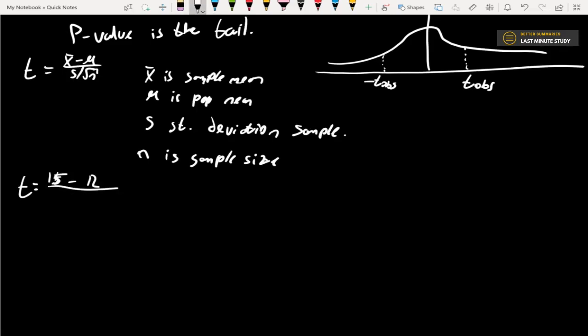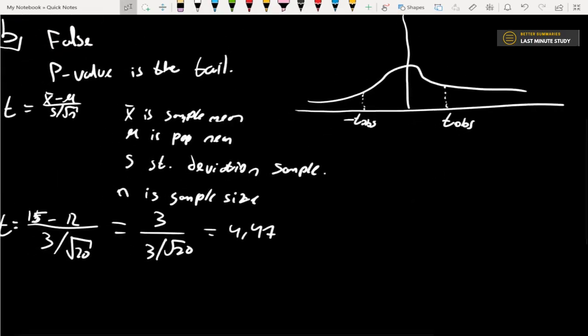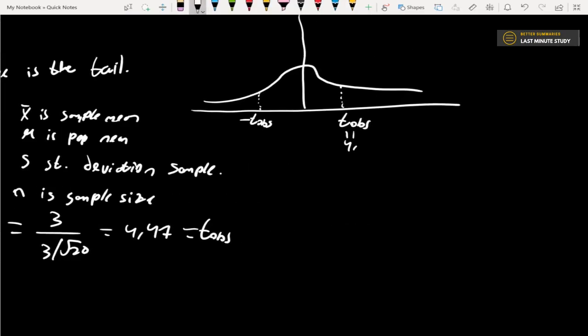You know the standard deviation is going to be, let's think of something, say 3, and your n is 20, right? So that gives you 3 over square root of 20, which is equal to, let's calculate it real quick, should have done that, 4.47. Okay, so we say that our t observed, from our sample, is 4.47.